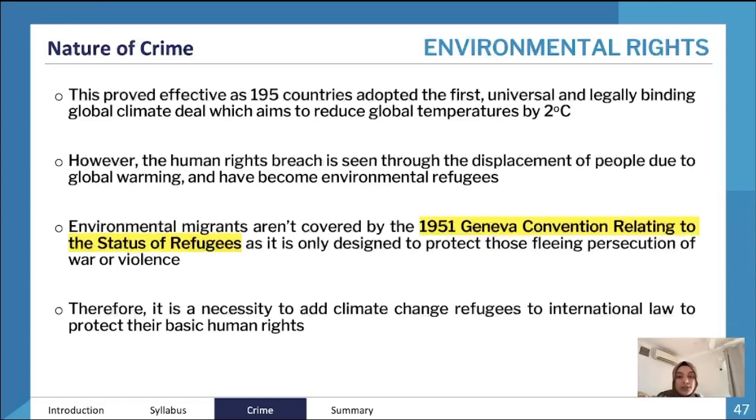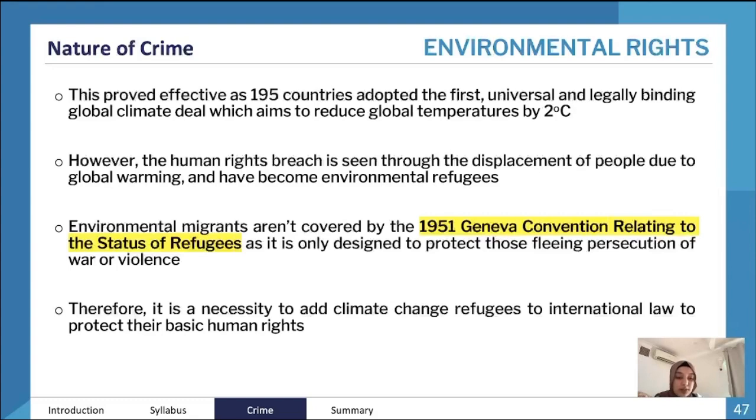However, the human rights breach is seen through displacement of people, through global warming, and people becoming environmental refugees. So we see all of these natural disasters and all of these people that unfortunately lose their homes and their livelihoods, and become environmental refugees. We see the impacts of this, and we need to do better in terms of creating laws in place and enforcing them to improve effectiveness of the system.